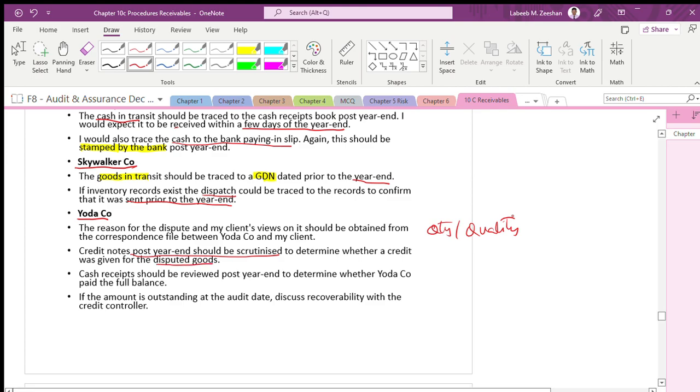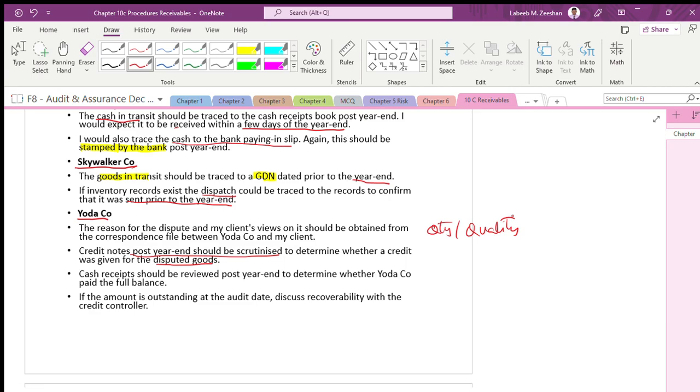Now you understand the importance of a credit note. Sales returns: some goods delivered not up to quality, some damaged. Definitely all these terms and conditions will apply.